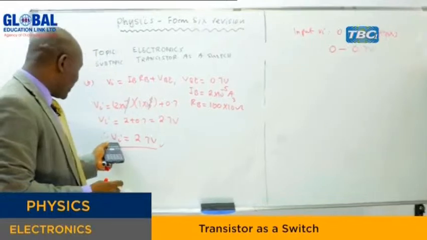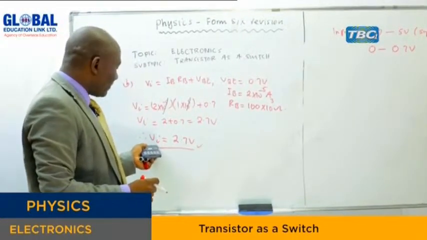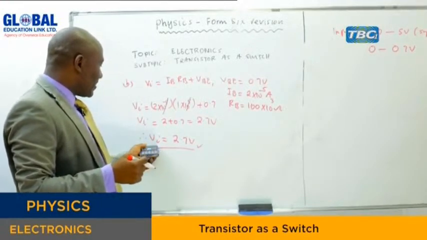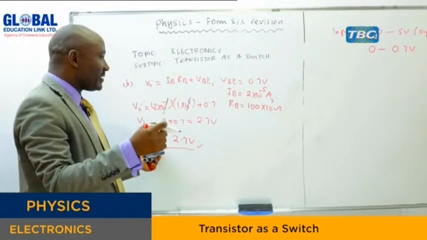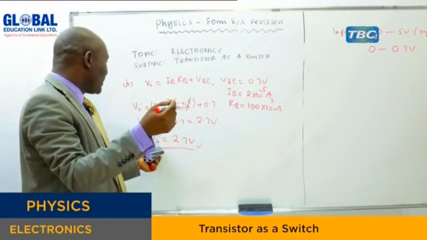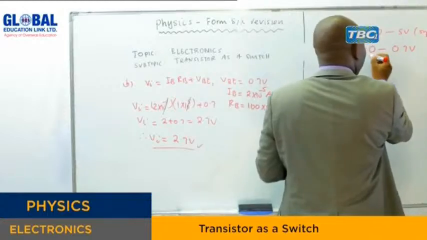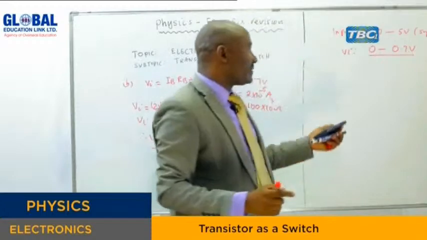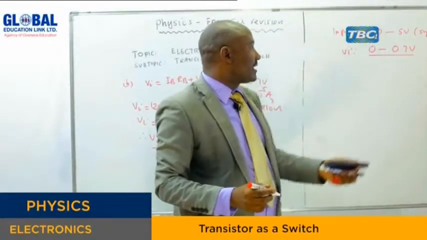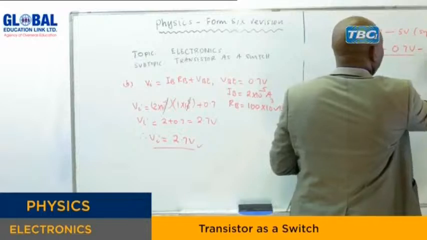This is the minimum voltage at which the transistor will start to be switched on. So if the voltage is less than 0.7, there's no way you can have the base current. This is the condition when the transistor is off.